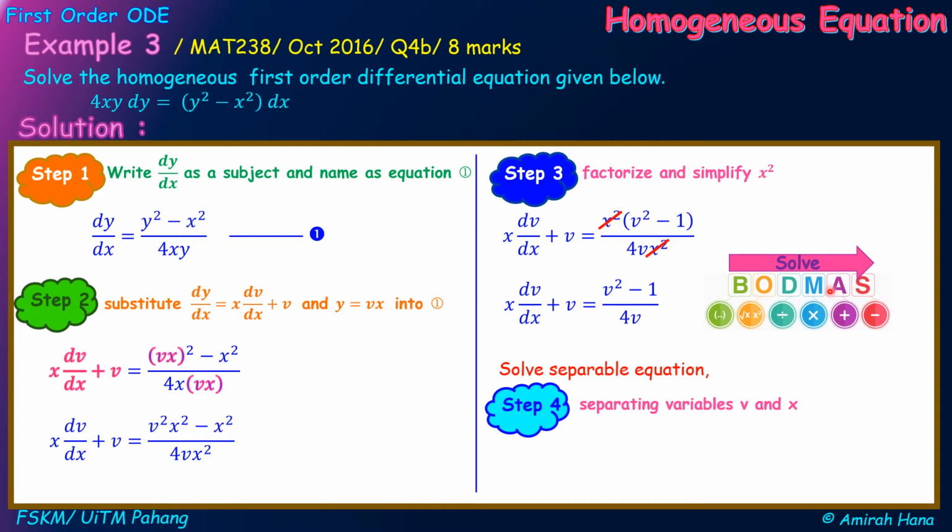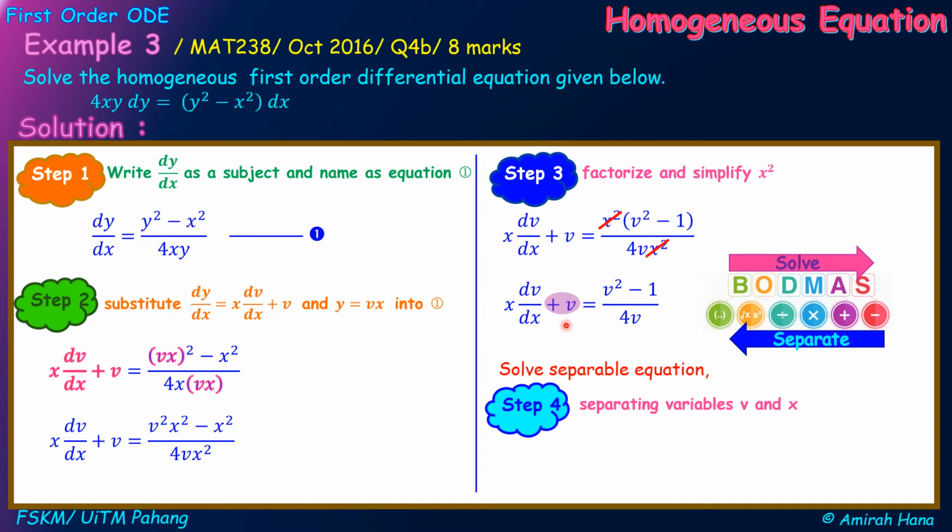If we want to solve a mathematical operation, we need to follow the order of BODMAS. But if we want to separate, we need to reverse the order. Means now we want to separate, so we need to separate minus and plus first.